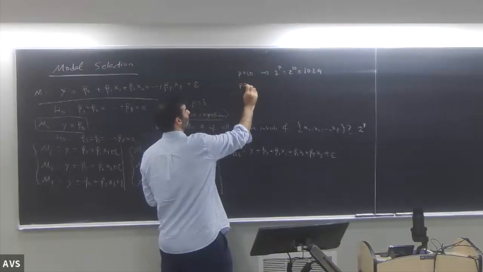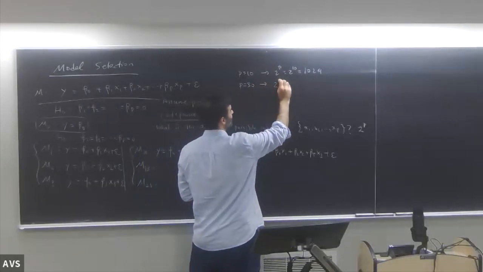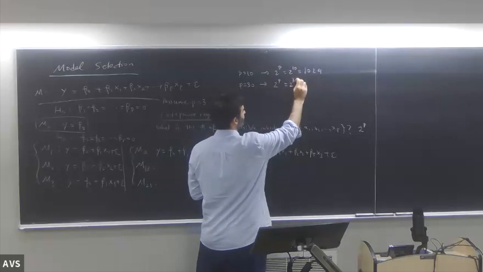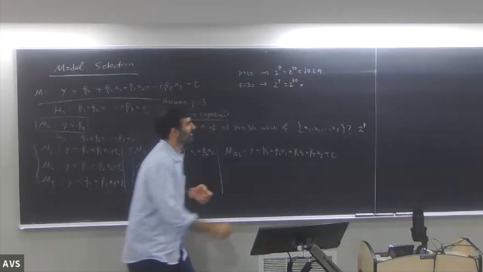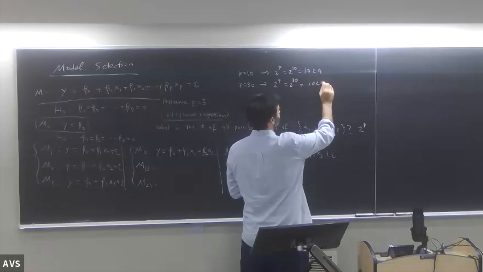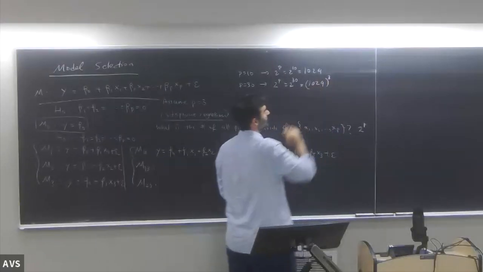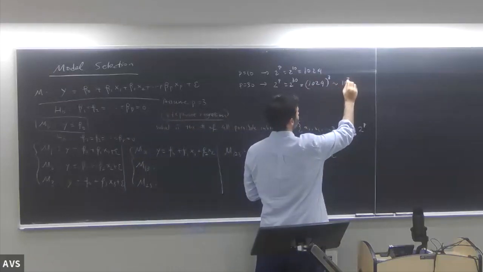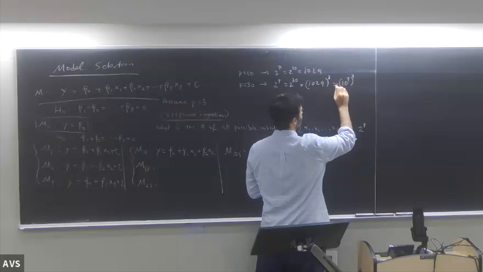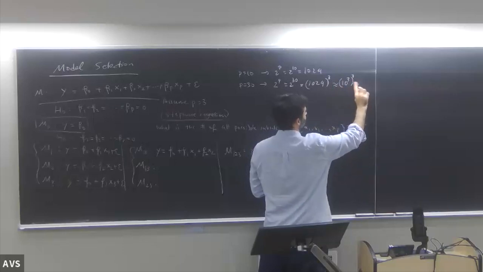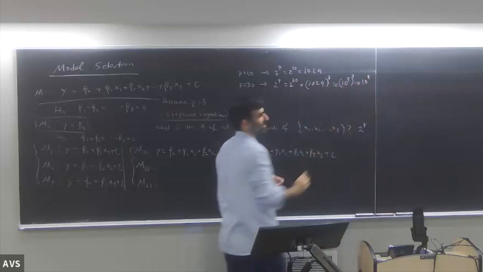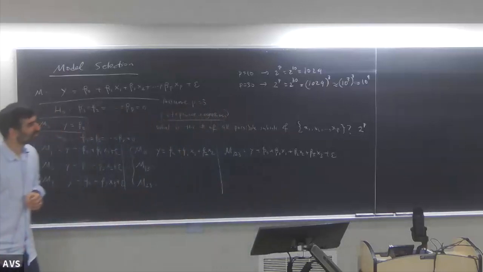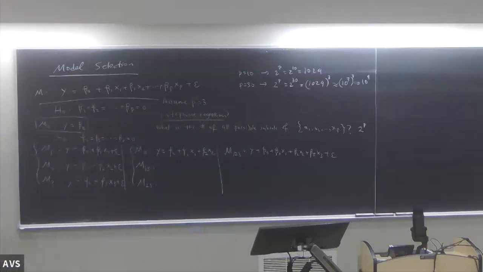If you have 30 covariates, this means 2 to the 30, which is roughly a billion models. That's right. So this is the exponential growth.